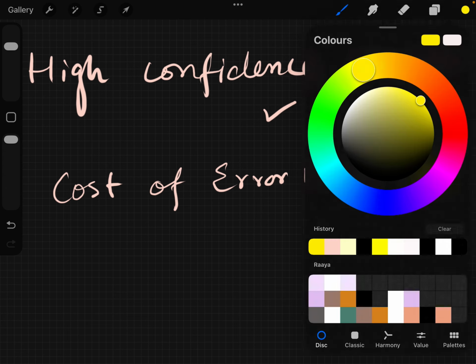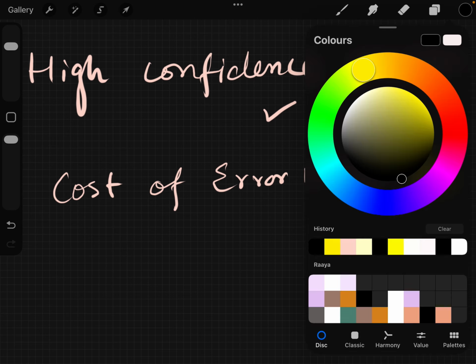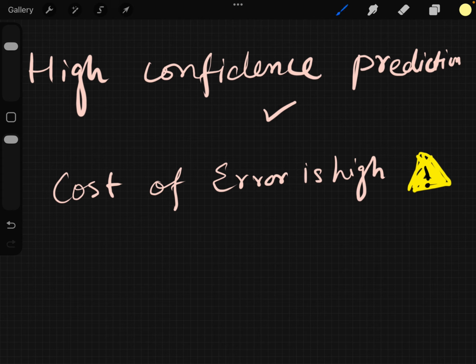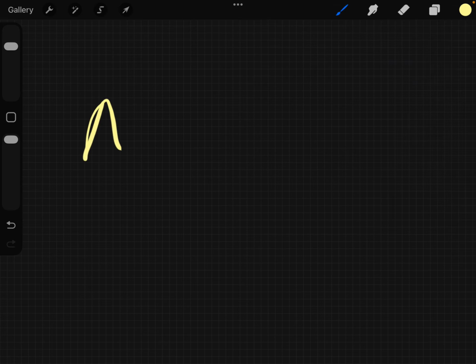The impact of a single mistake can be much larger than the accuracy number suggests. This is why accuracy is not enough. We also need to understand how confident the model is and whether that confidence can actually be trusted in critical situations.